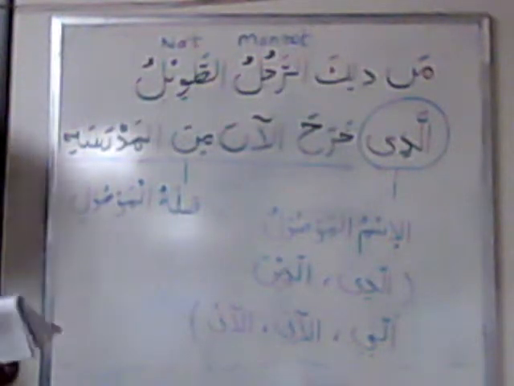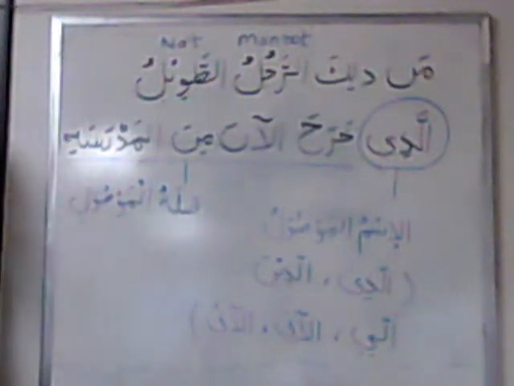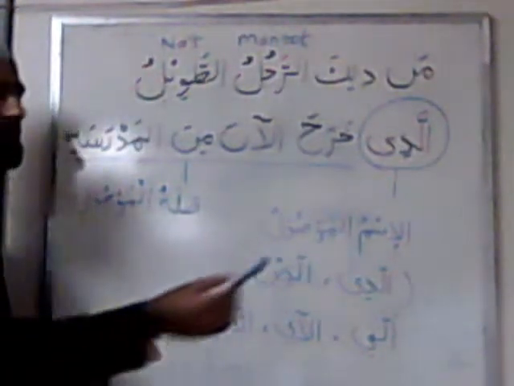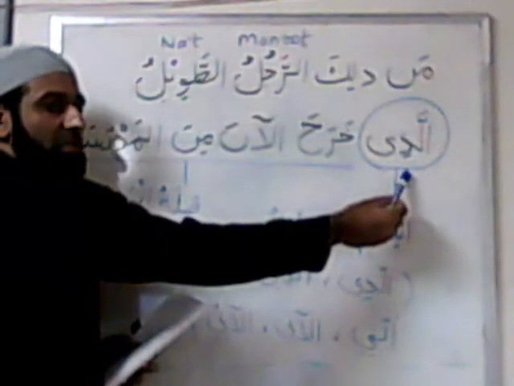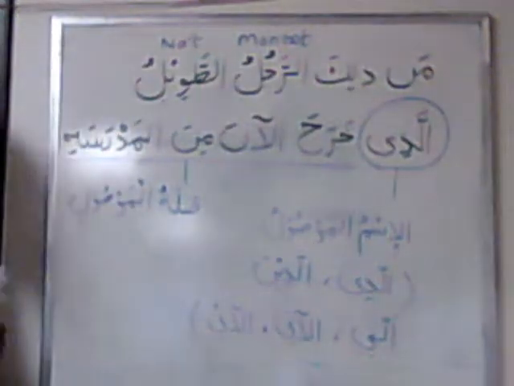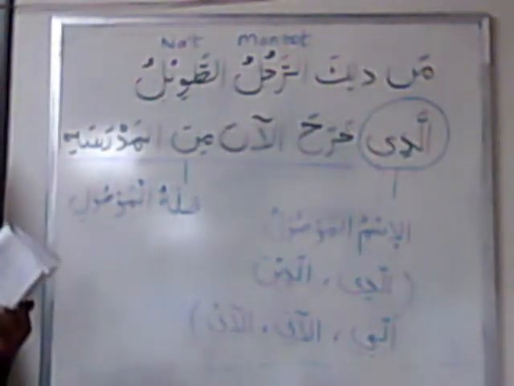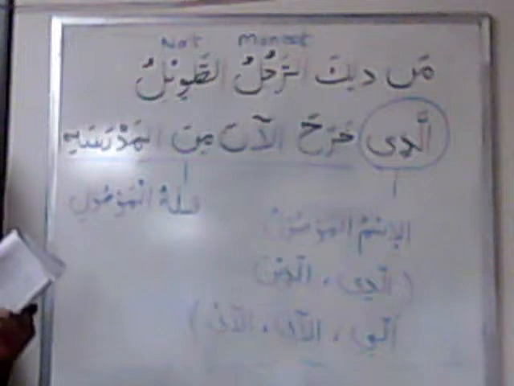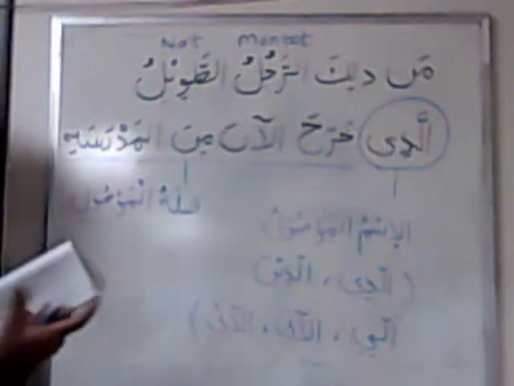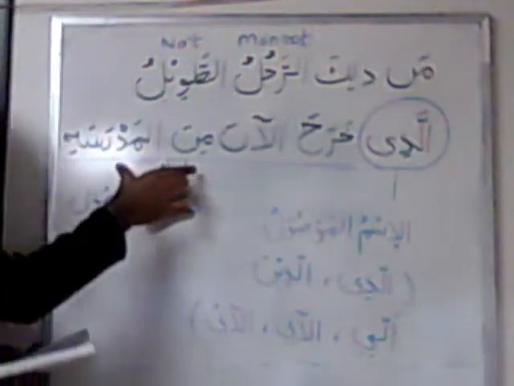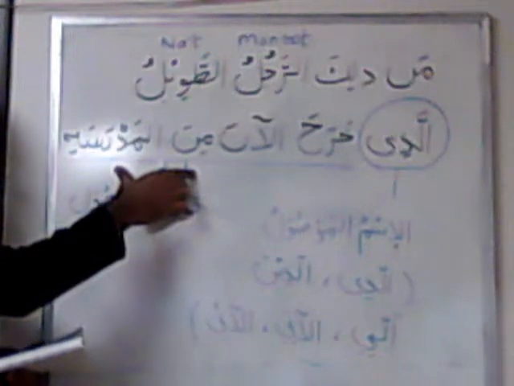Okay, so I guess silatul mawsul is like a prepositional phrase? This is not a preposition. Alladhi is not a preposition. It's a clause, but it's a relative clause. It's not a prepositional clause. A prepositional clause would be min al-madrasati.